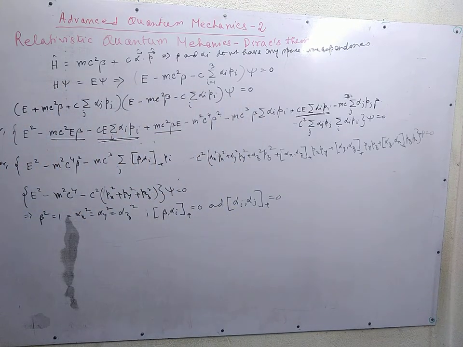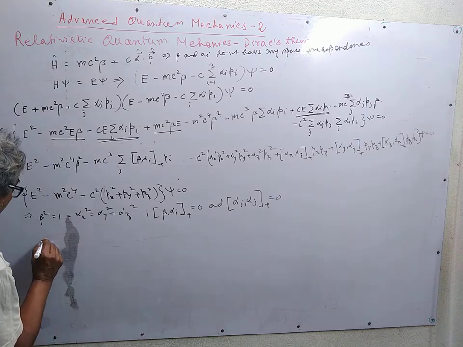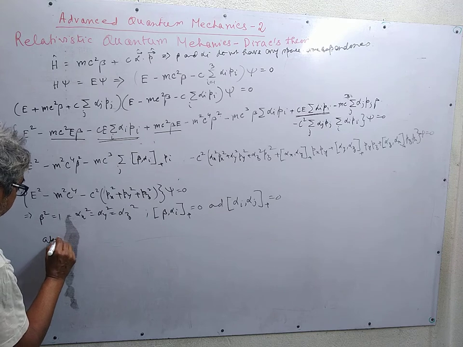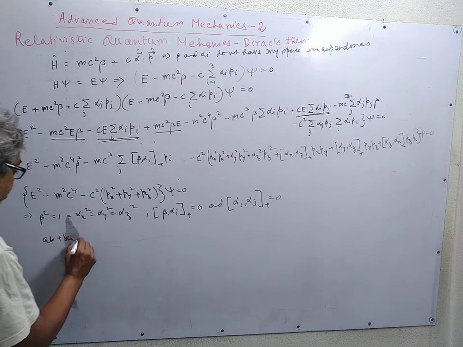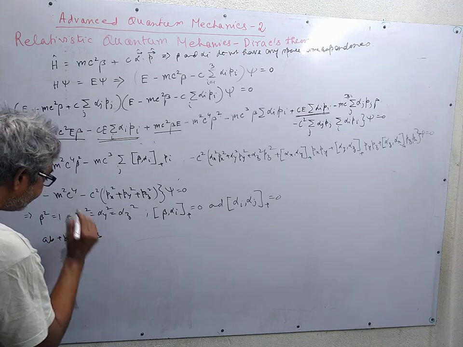So we see that the alpha i's and beta are quantities whose anti-commutators are 0, so they cannot be pure numbers. They are operators, because if we have two numbers A and B, then AB and BA are the same, so this is 2AB.